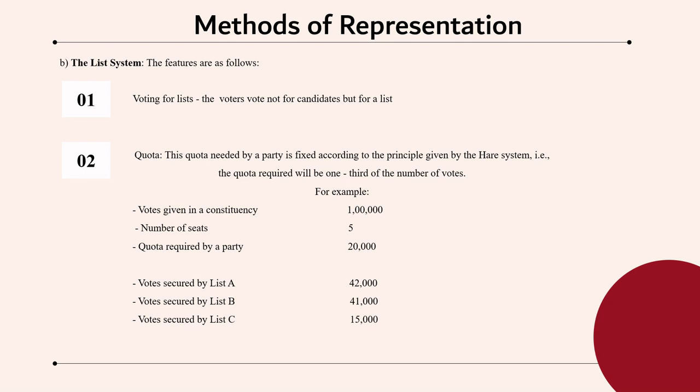Party C falls short of quota by 4,000 and it secures no seat.